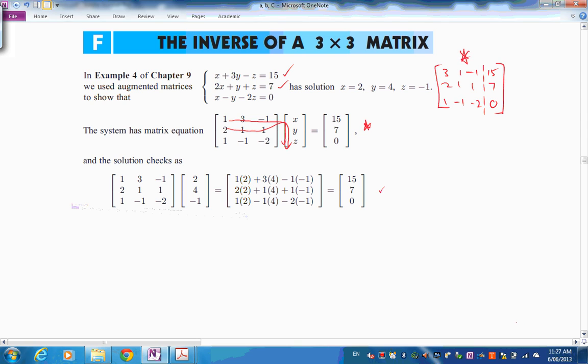If they're saying use a matrix equation of the form AX equals B, they're talking about this approach. So this is row ops and row reduced echelon form, and this is matrix algebra.